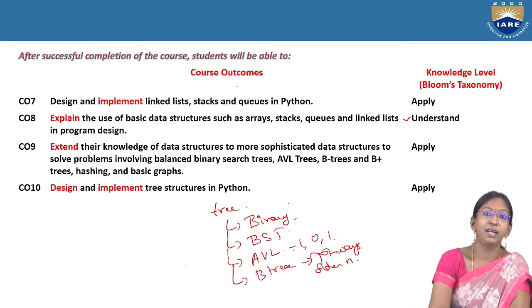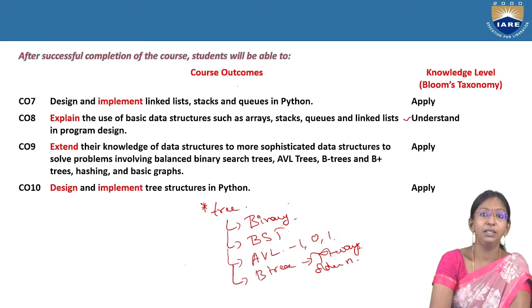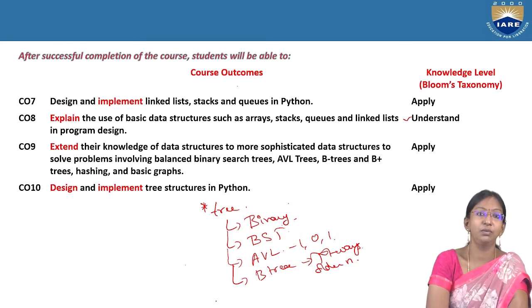So when coming to learning the basic concepts, trees are only the basic concepts. All the remaining are the extended ones, and you will be able to learn all these extended ones.